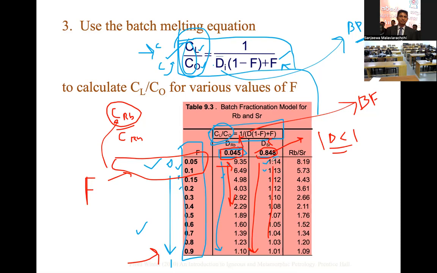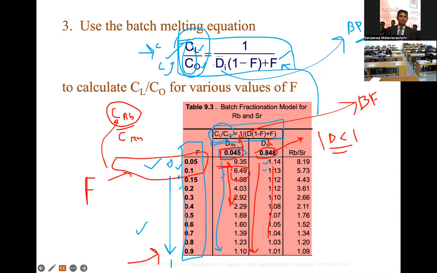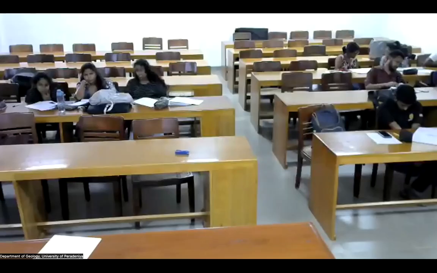So if you want to calculate the rubidium strontium ratio in the system, you can simply take these two values and divide them, and you get some value that would be closely equal to the rubidium strontium ratio.